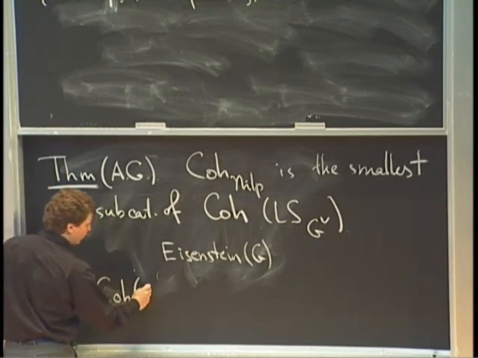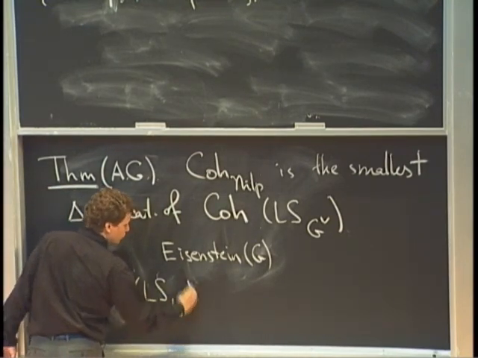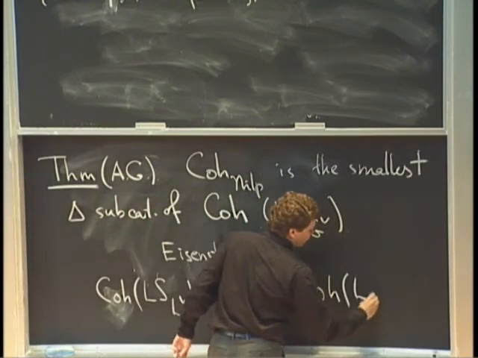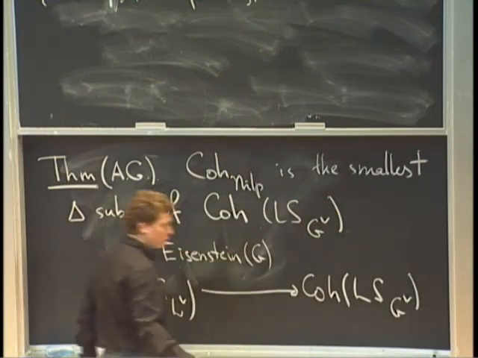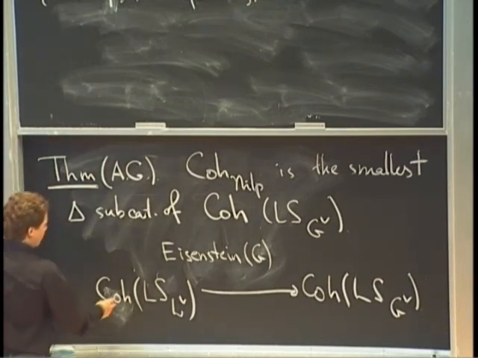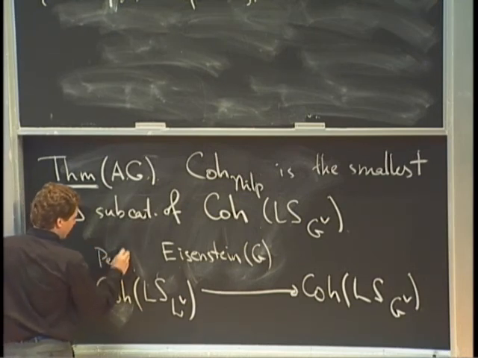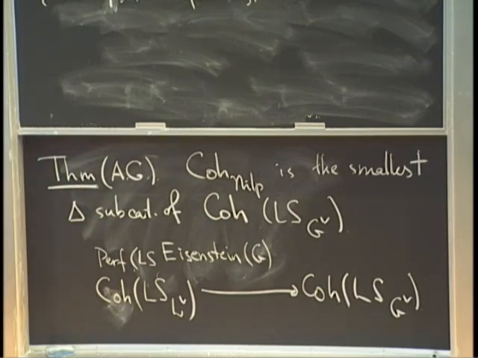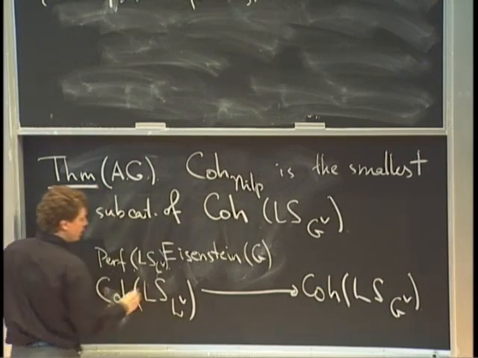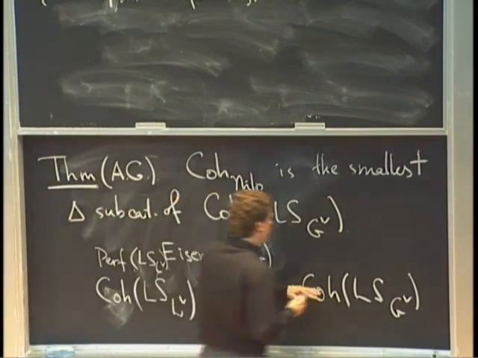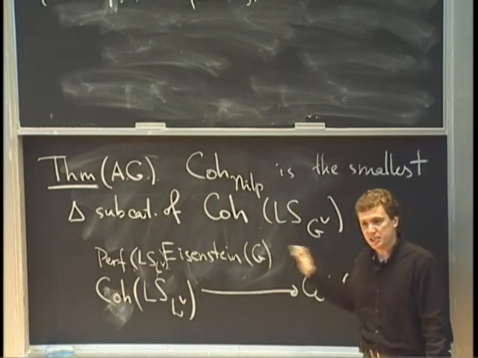It preserves coherence, so I might as well consider it on coherent sheaves on local systems for the Levi to coherent sheaves on local systems for G. Now, you can consider it on all coherent sheaves, but we are trying to shrink this. And so in the naive geometric Langlands conjecture, we tried to restrict it to perfect complexes, and this didn't work. If I restrict to perfect on the left, and I try restricting to perfect on the right, I miss.